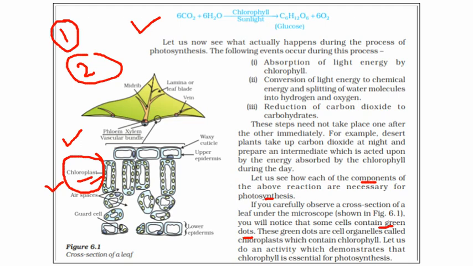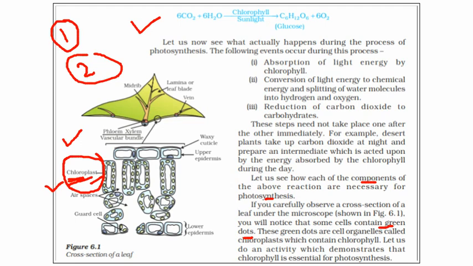And in the chloroplast there is chlorophyll, and this chlorophyll gives the green color to the plant. For that you must watch the activity video.